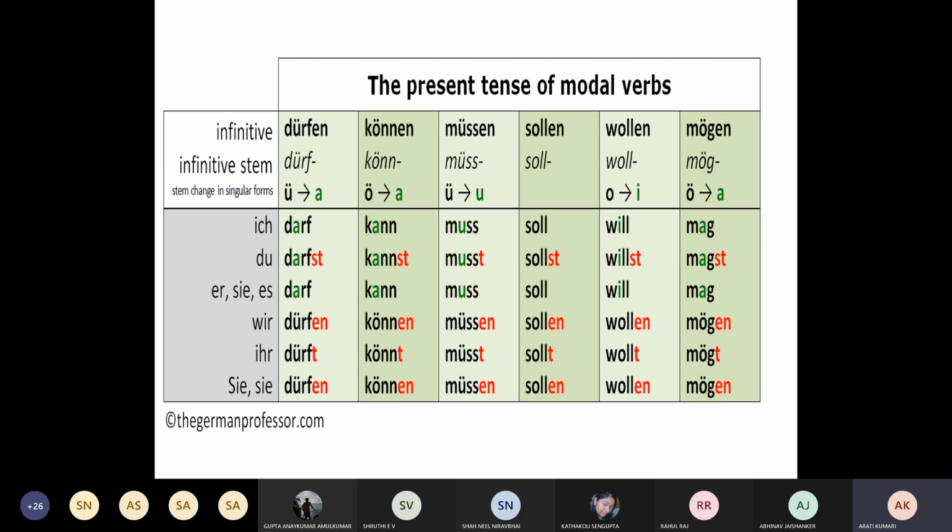Wollen. Ich will. Du willst. Sie, es will. Wir wollen. Ihr wollt. Sie wollen.